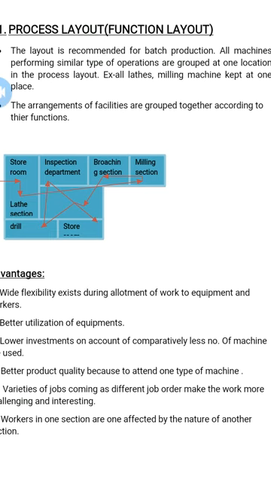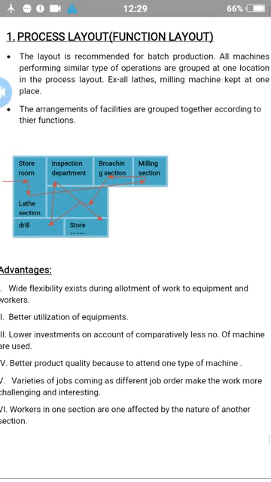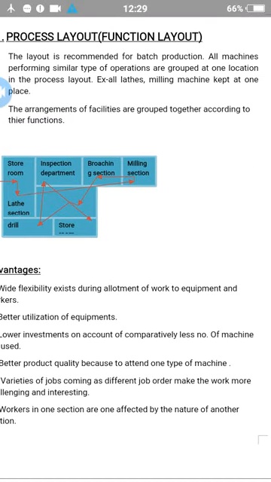All drilling machines are arranged in the drilling section. Similarly, all broaching machines are arranged in the broaching section and all milling machines are arranged in the milling section. And the store and inspection department are arranged. So, this layout is recommended for batch production.